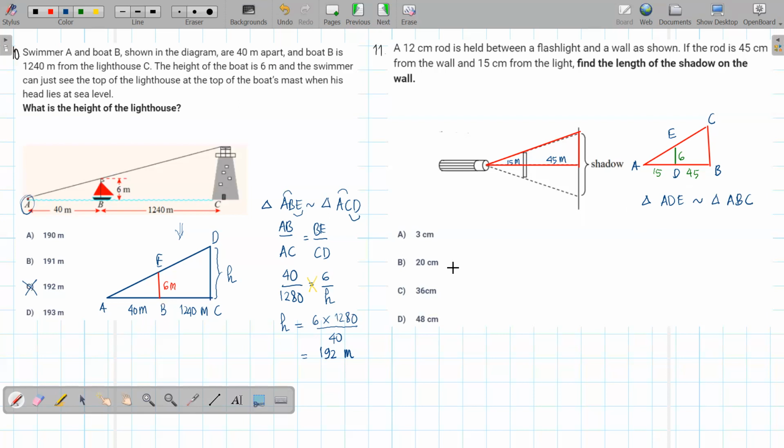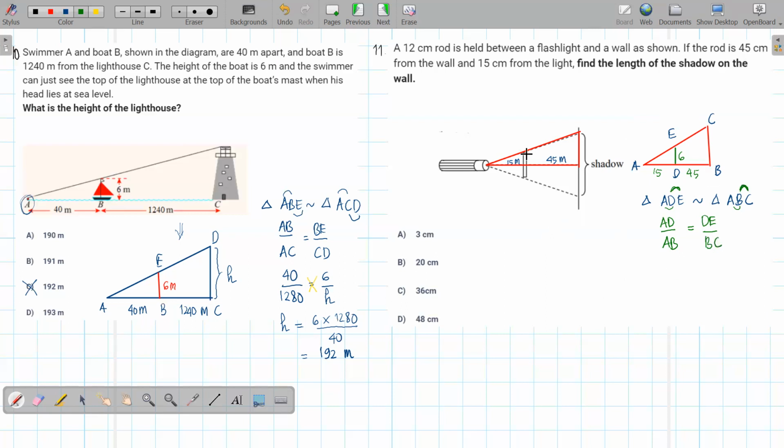Then let's find their matching sides. The matching side of AD is AB, and DE corresponds to BC.